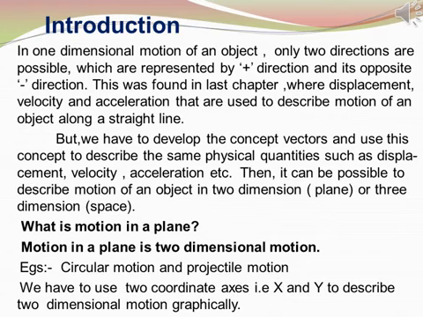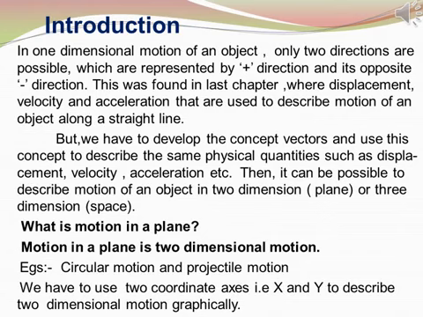But we have to develop the concept of vectors and use this concept to describe the same physical quantities such as displacement, velocity and acceleration. Then it is possible to describe motion of an object in 2 dimensions or 3 dimensions. So it is very essential to learn the concept of vectors in more detail.